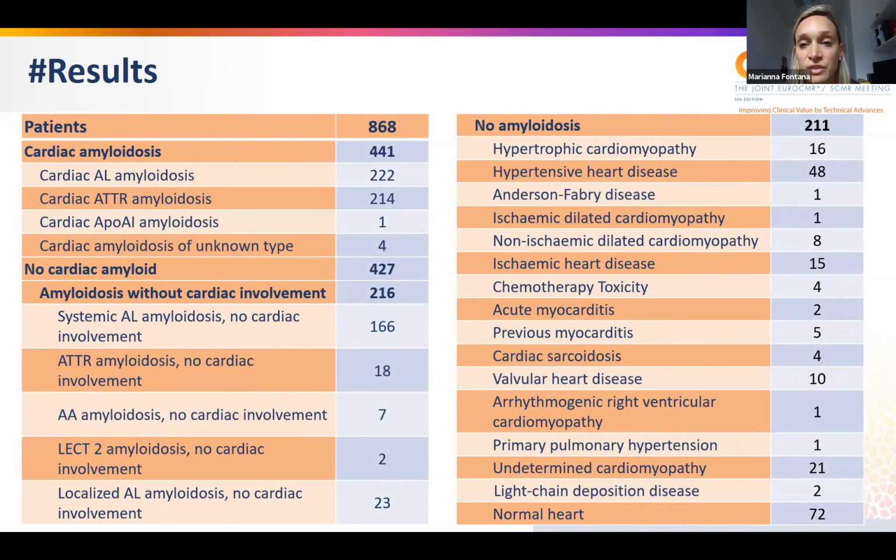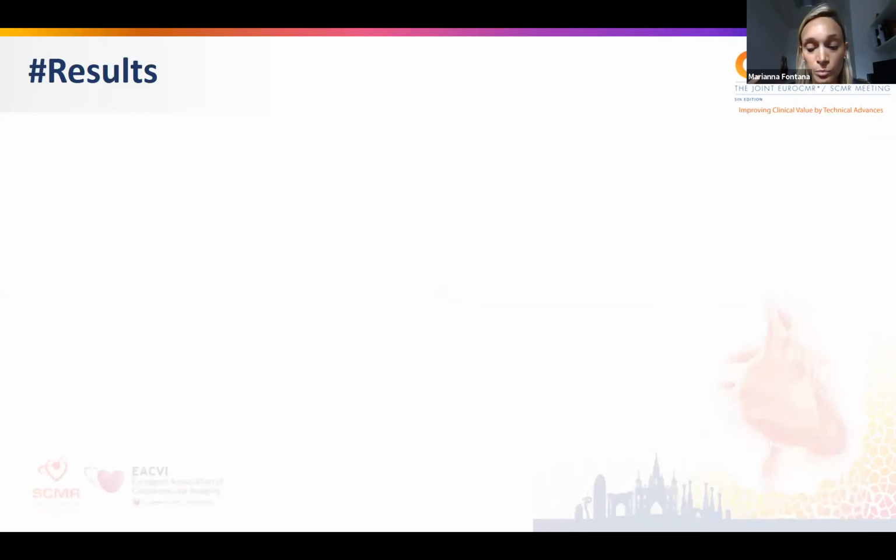And 211 had no amyloidosis, like hypertrophic cardiomyopathy, hypertensive disease, Anderson-Fabry, and other types of cardiomyopathies. So there was a prevalence of 50%, and this is roughly the prevalence that you see in all published papers in tertiary referral centers.